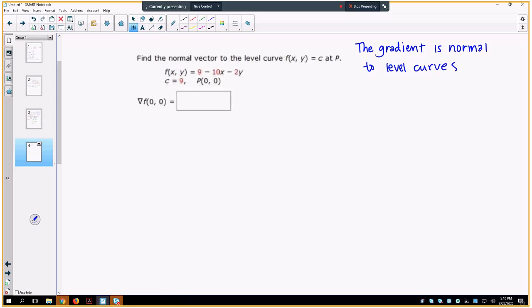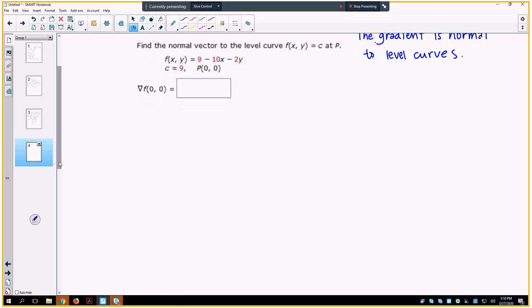So if I'm looking for a normal vector, the gradient vector should be a good candidate. So let's first look at the level curve. The level curve in this problem is to take my function 9 minus 10x minus 2y and set it equal to c equal to 9. So set it equal to 9.